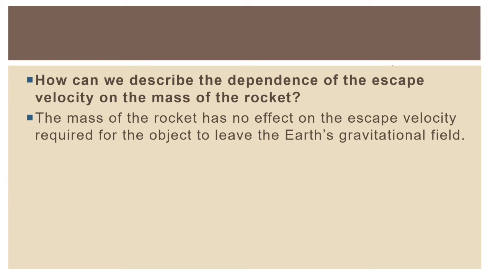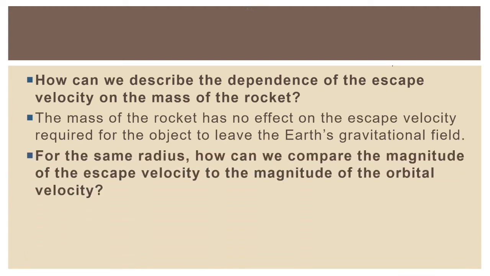The last question that we want to ask here, and then I'll have you pause this and write that down because this is important, is: for the same radius, if the object is the exact same distance away from the center of the Earth, how can we compare the magnitude of the escape velocity to the magnitude of the orbital velocity?